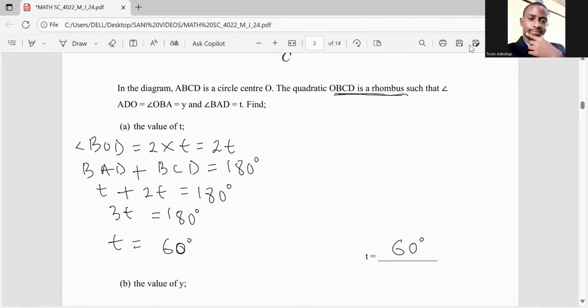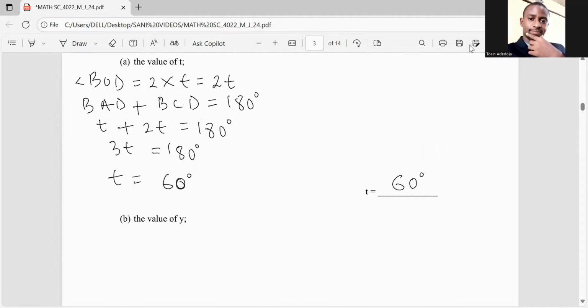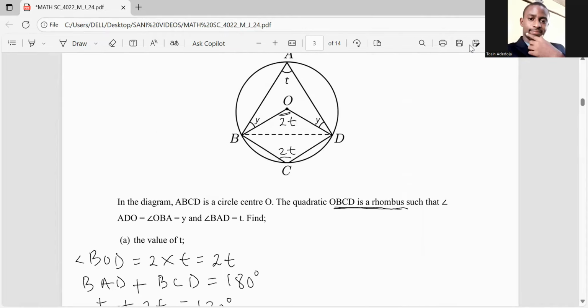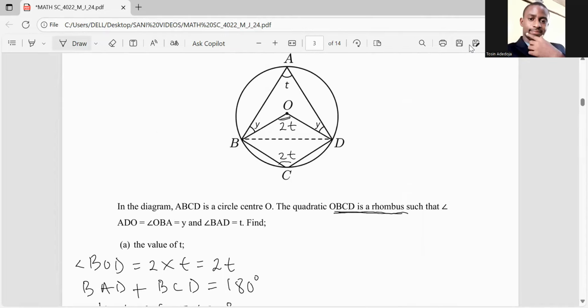Now we can find the value of y. Since the angle at center is 2T and our T is 60 degrees, the angle at the center is 120 degrees. We have it there, 120 degrees.